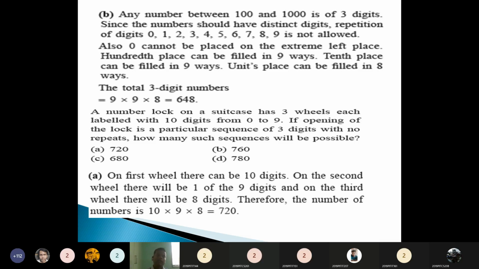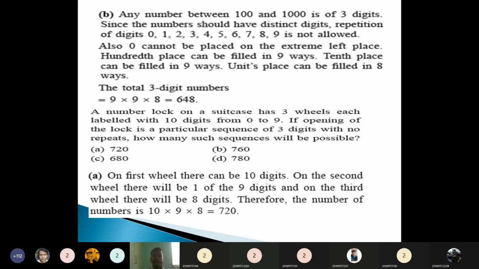It is not a number in the usual sense, like a password or ATM password, you can think of it like that. So the first digit, 10 different ways you can fix it. Next, the second digit, the middle wheel code number, will be from the remaining numbers.